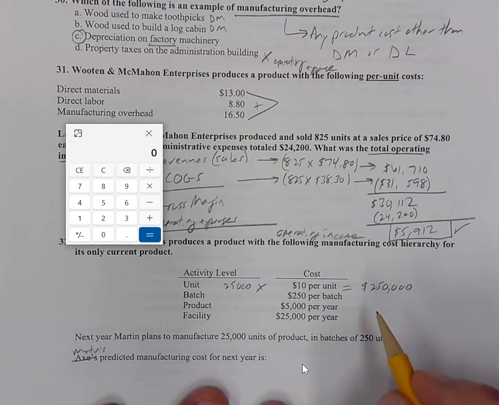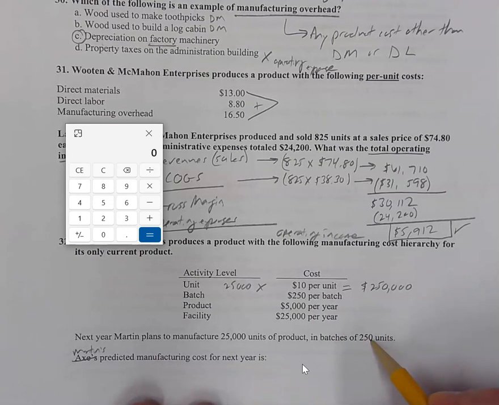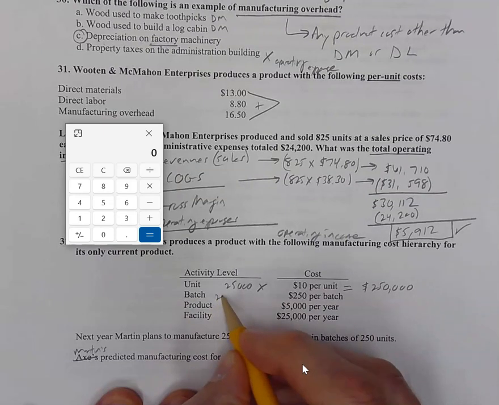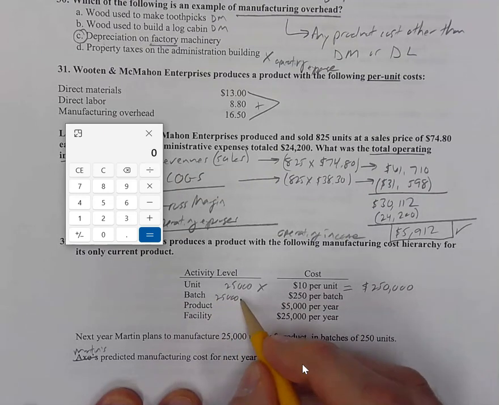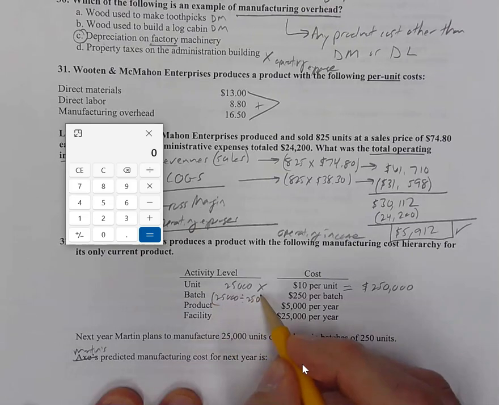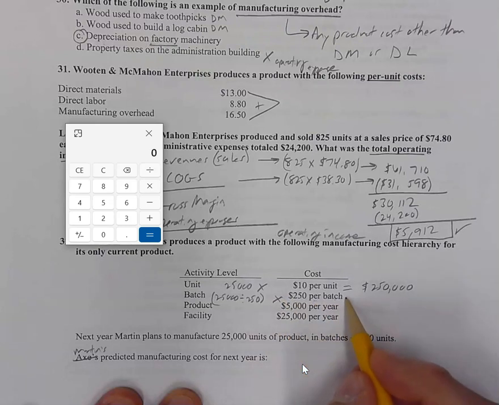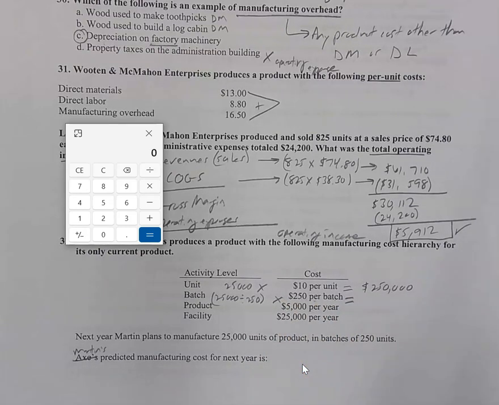For our batch costs, we have to do this a little bit differently, because we have a $250 batch cost, and we can coincidentally make 250 units. So we're going to take this 25,000 units and divide by 250, and then multiply that by the $250 per batch to get our total batch cost.